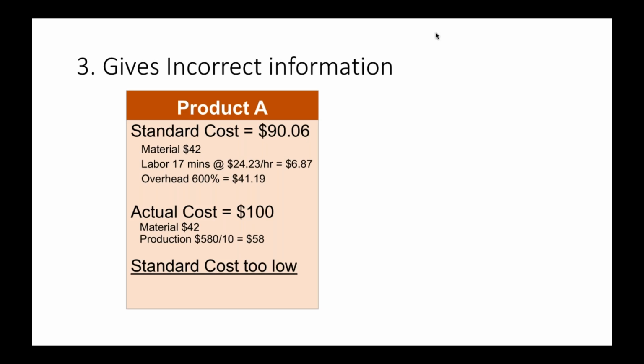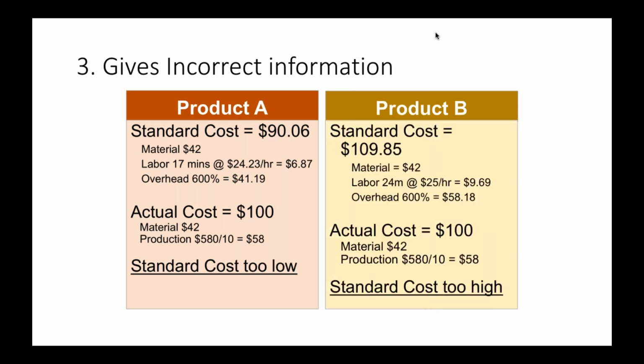Now, if you look at another product which is made in this value stream, product B, it's very similar to product A. The primary difference is that it takes a little bit longer to make. Instead of 17 minutes, it takes 24 minutes to make. What that does is that creates a standard cost of a little less than $110.